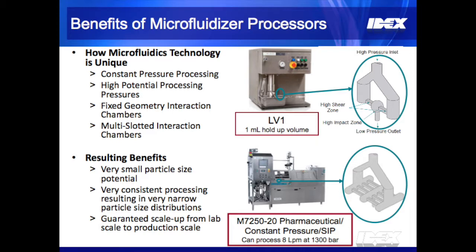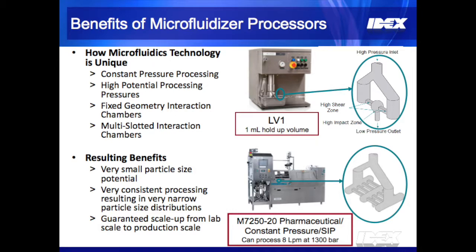Our technology is a constant pressure process with extremely high potential processing pressures up to 30,000 psi. We use fixed geometry interaction chambers and multi-slotted interaction chambers. This results in very small particle size with very consistent processing conditions, resulting in very narrow particle size distributions.